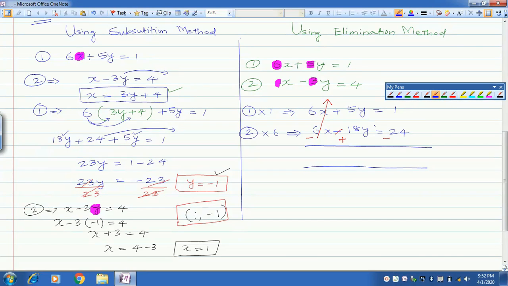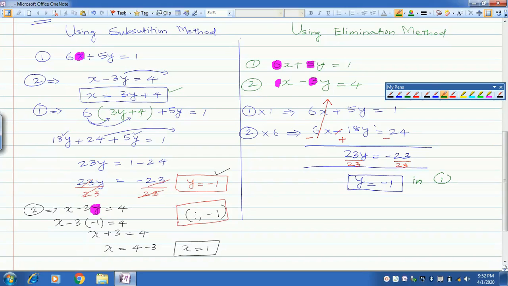And here 5 plus 18, you will get 23y is equal to minus 23, so y is equal to minus 1. If you divide both sides by 23, you will get this value.